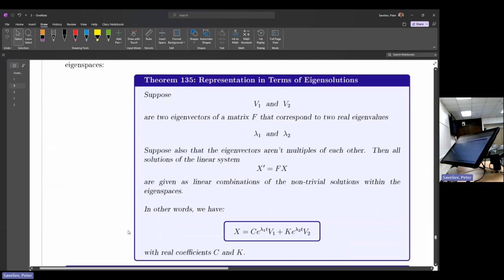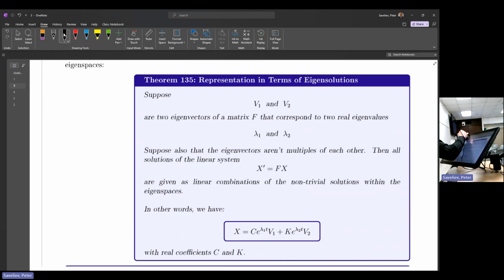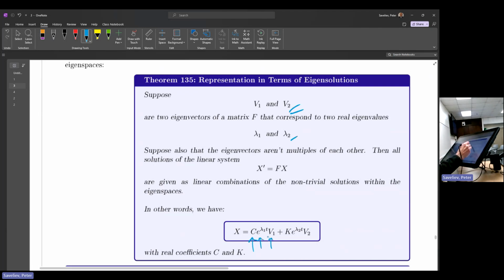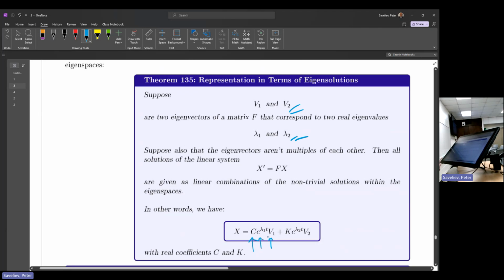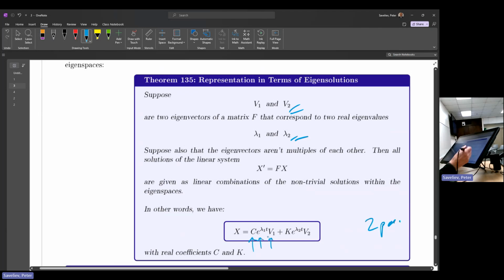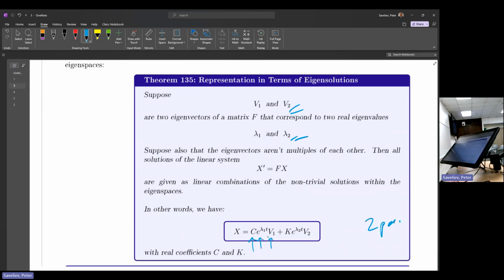It looks more complicated than it deserves, but if you break it apart, you can see there are three terms in each of them. v1, v2 are the eigenvectors, lambda 1, lambda 2 are the eigenvalues, and c and k are two real coefficients creating a two-parameter family of solutions.